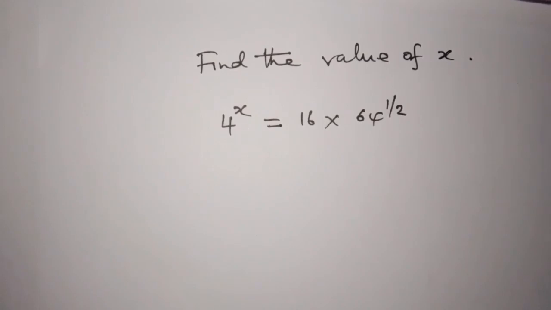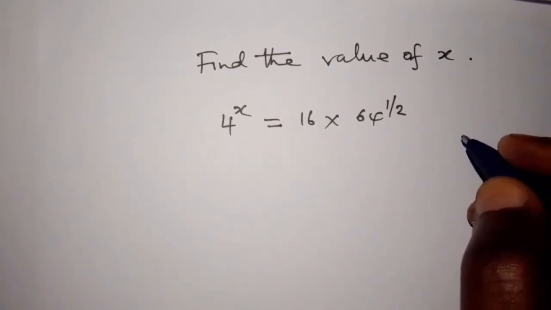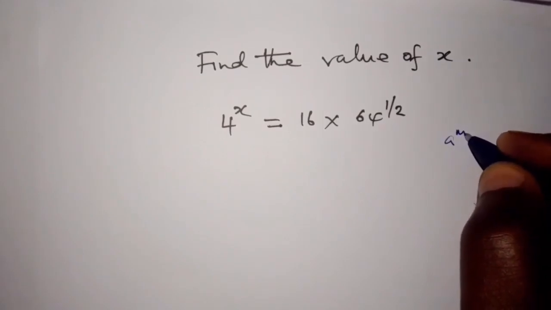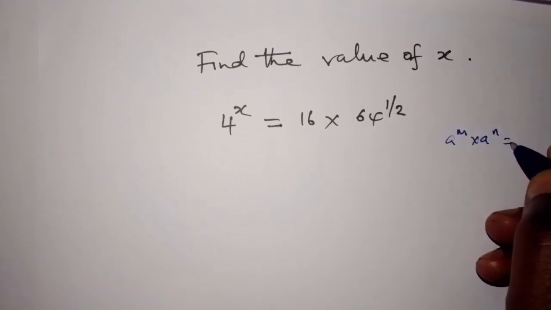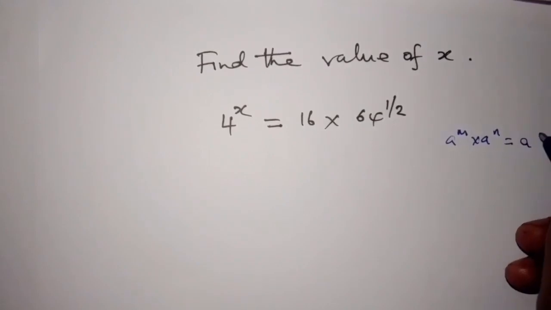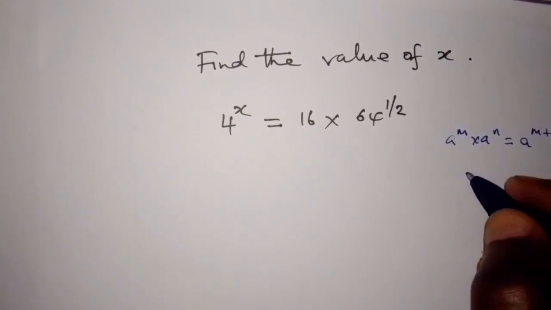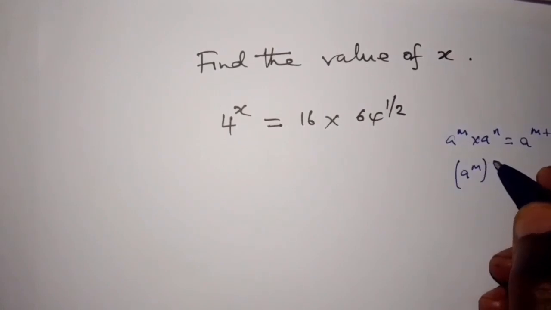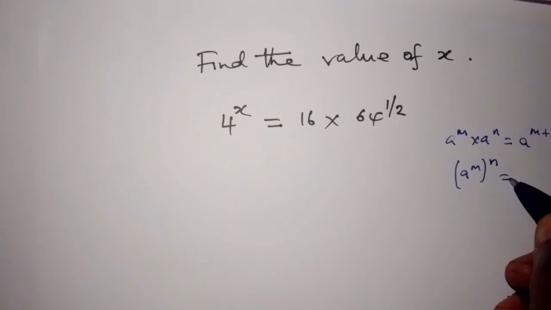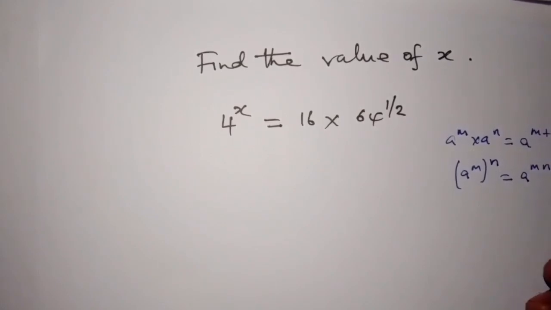We are going to apply the exponential rules: a power m times a power n is equal to a power m plus n, and a power m in brackets power n is equal to a power m times n.